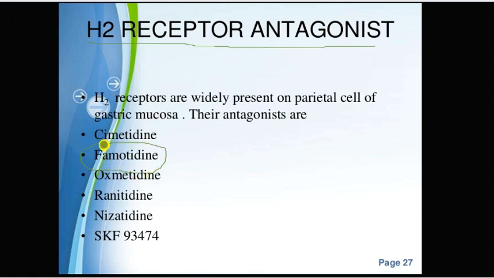Famotidine is important, ranitidine is important, cimetidine also important. Every H2 receptor blocker ends with tidine. So famotidine, cimetidine, ranitidine. Remember these three.